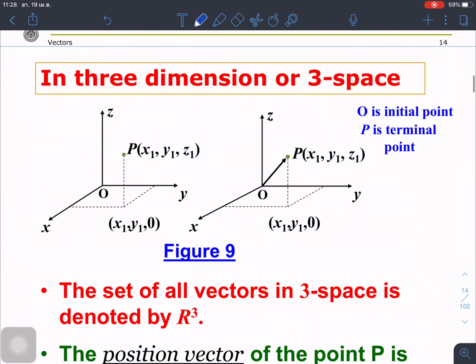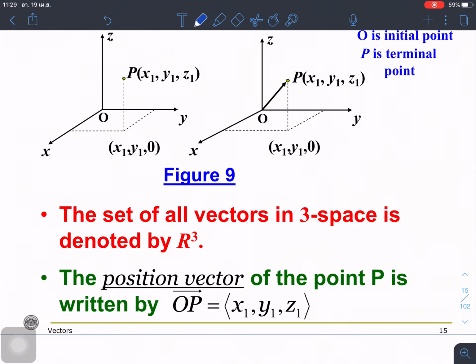Okay, so then we look at three-dimensional space. We just generalize from the two-dimensional space. We have another coordinate, which is the coordinate z. And the same concept: for any point in xyz space, you can write down the vector.